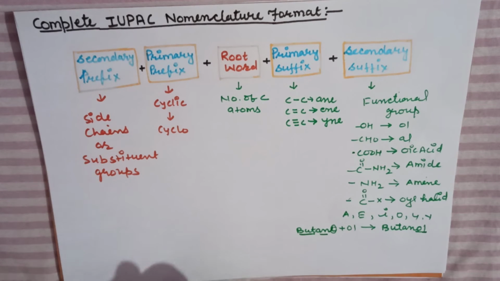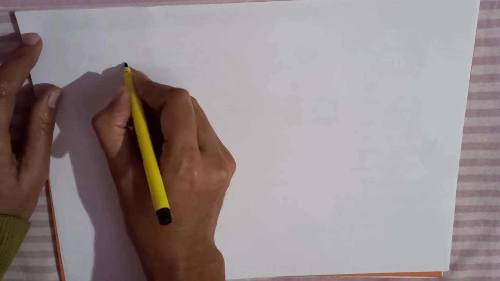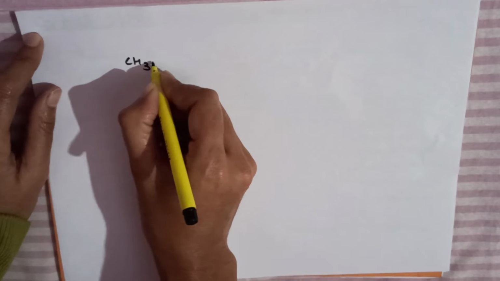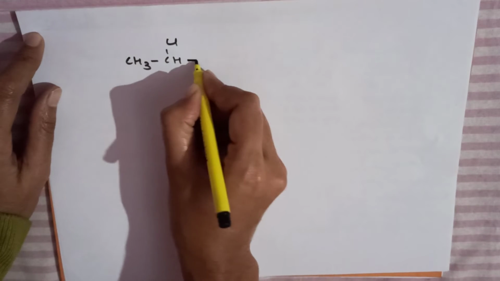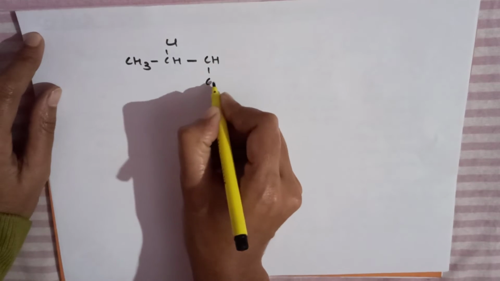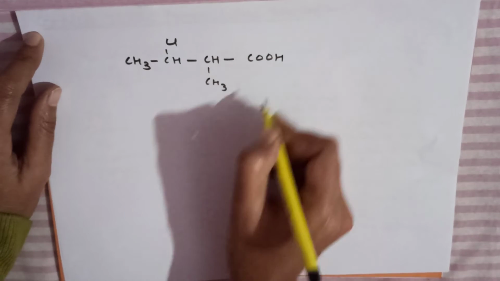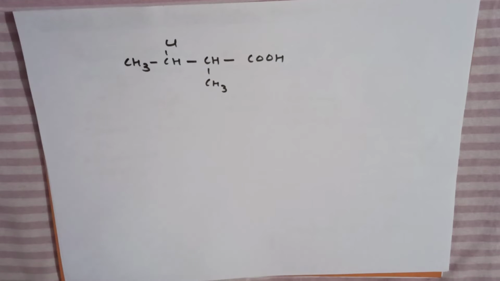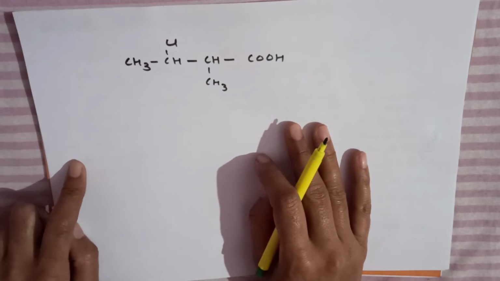Okay, children, let us take some examples, then we will understand this in a better way. I am writing one structure here. I have written CH3, CH, here I am writing Cl, then CH, CH3 and COOH. Okay, this is a compound. Now we have to name this compound.